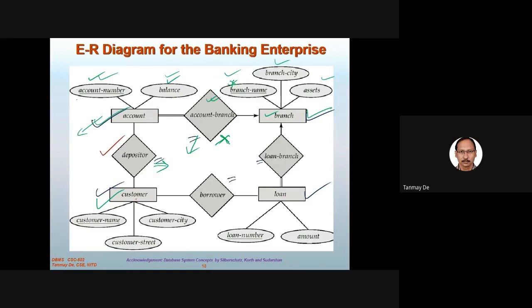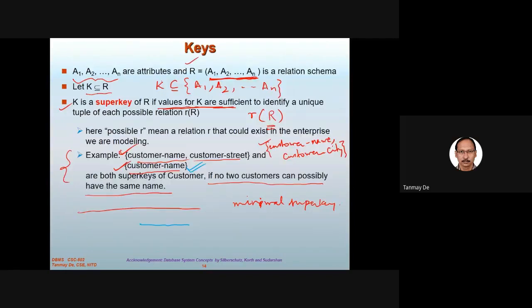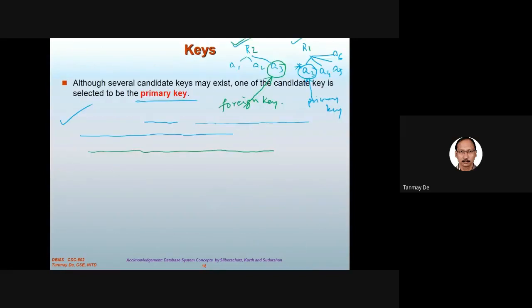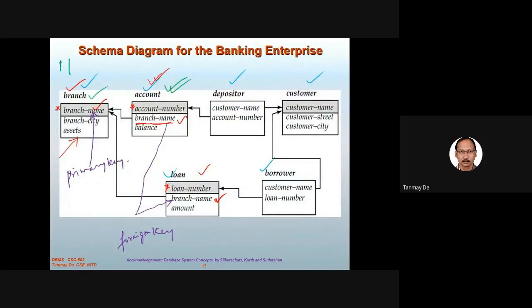So you can see in the depositor relation, corresponding to the depositor relationship set, the attributes are customer name and account number.